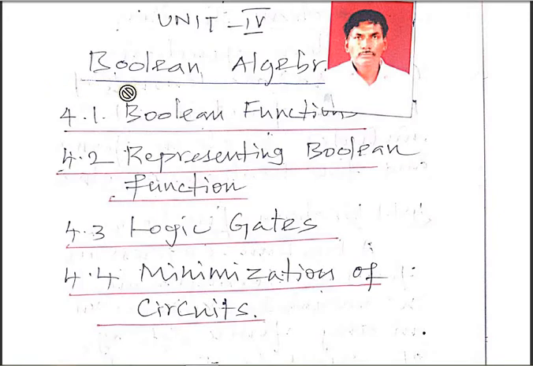We already know what a Boolean algebra is, right? A Boolean algebra is an algebraic structure consisting of a set B with two operations, meet and join, and corresponding to that we have 0 and 1 and also a complement.